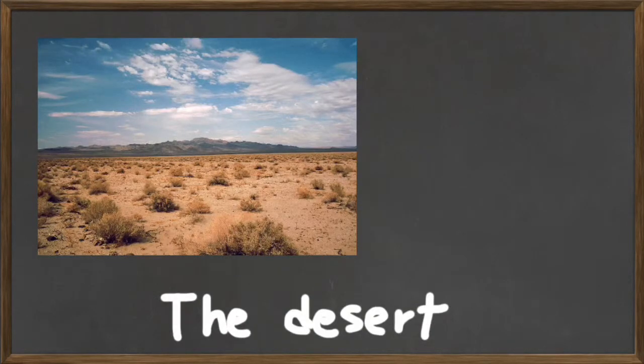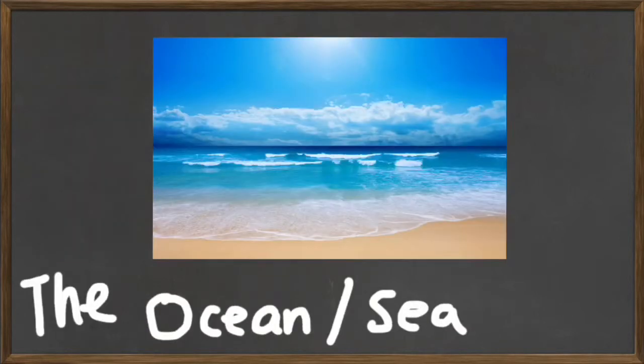The desert, the desert, the desert. The ocean, the ocean, the ocean. Or we also talk about the ocean as the sea, the sea, the sea.